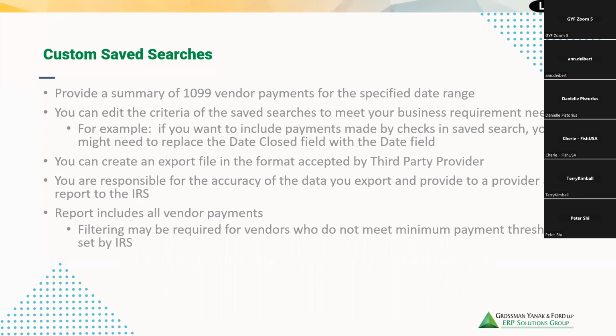For example, if you wanted to include payments made by check, you could replace the date closed field with the date field, so you can really work with it to modify it. It will come canned, and there are step-by-step instructions for updating those saved searches for the information that you need.